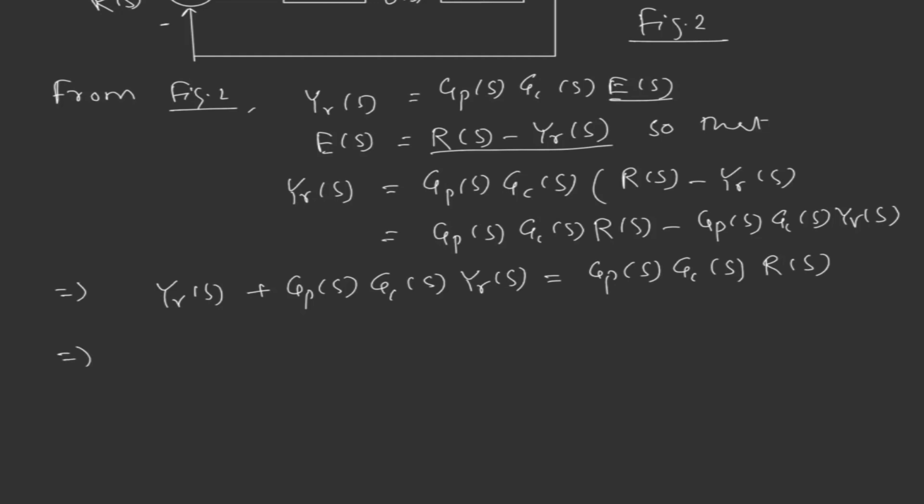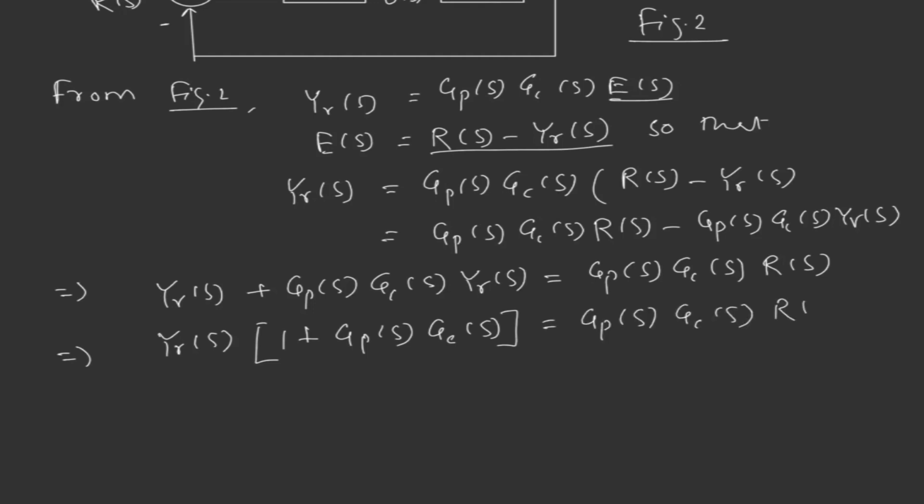Further, we can take Y(s) common from the left hand side: Y(s)[1 + G_P(s) G_C(s)] equal to G_P(s) G_C(s) R(s).